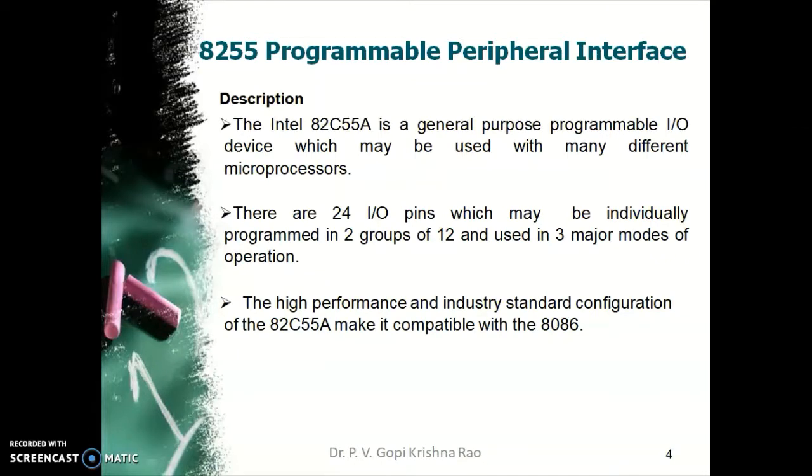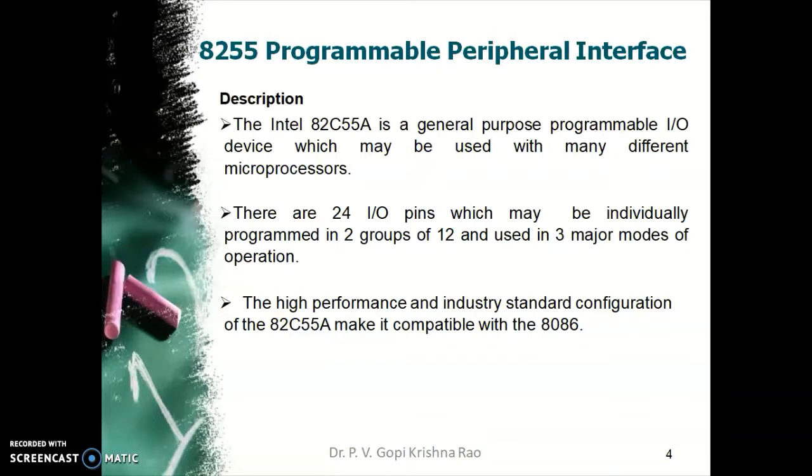The 8255 programmable peripheral interface is required when you want to expand the interfacing capability of microprocessors. Take the example of the 8086. It has 16 data lines and 20 address lines. At any given instance, you can only communicate with one device or a set of devices.